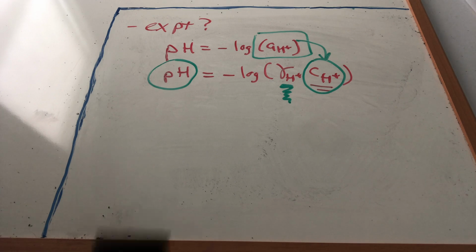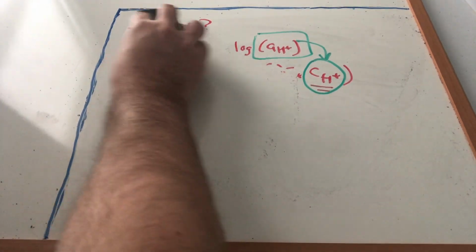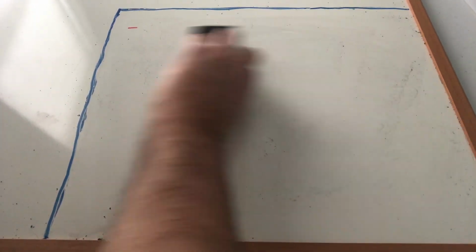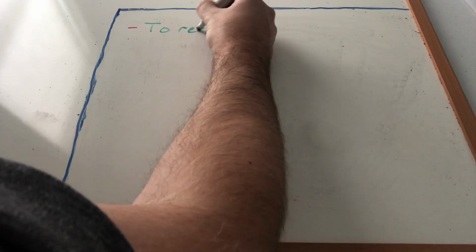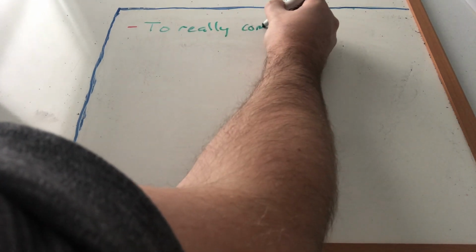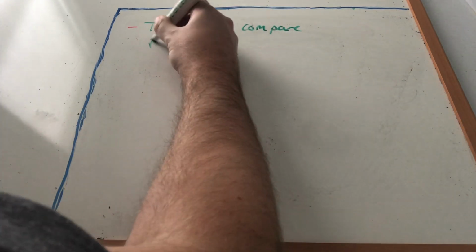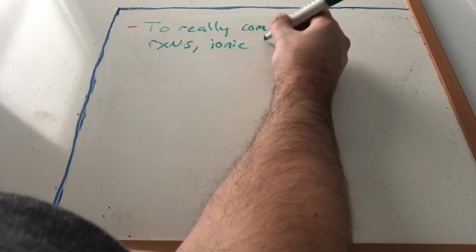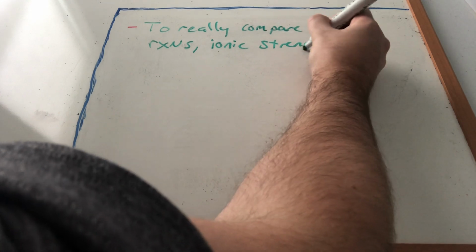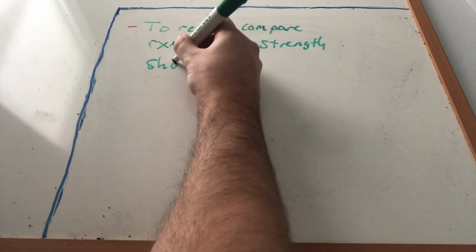Now, why is this incredibly important to keep in mind? I've been justifying it along the way, and I'm going to justify it one more time in another context. To really compare reactions, ionic strength should be consistent.